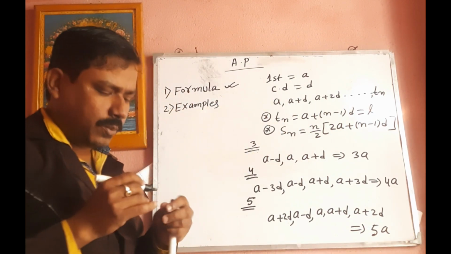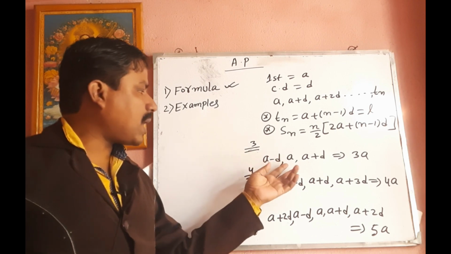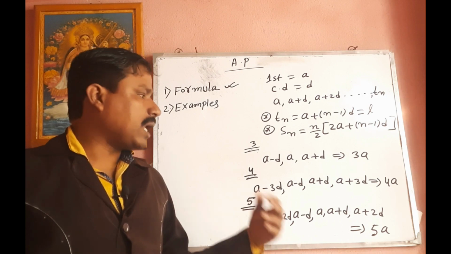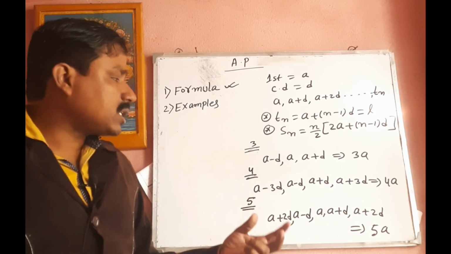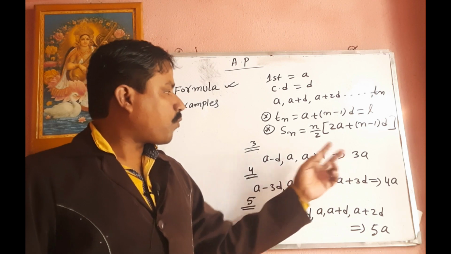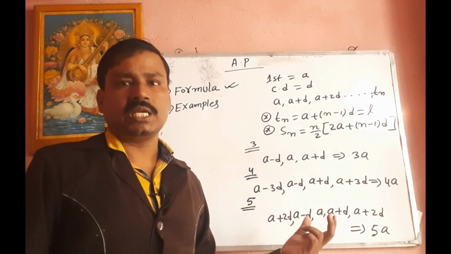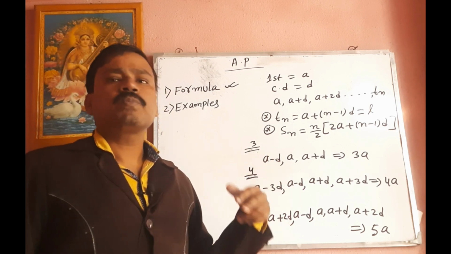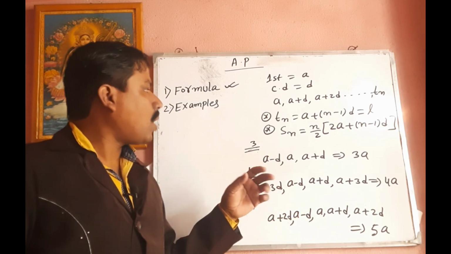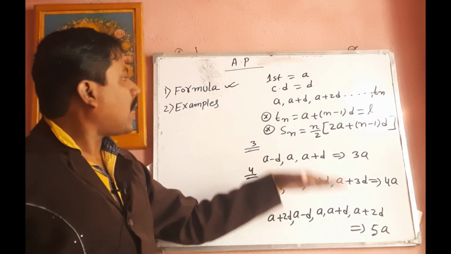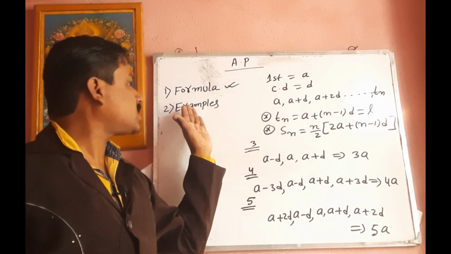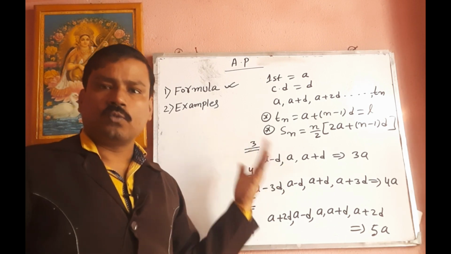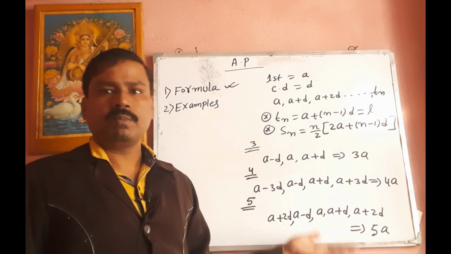That is, if we take 3 numbers in that way, 4 numbers in that way, 5 numbers in that way, then we get the additional advantage of finding the value of a and d. And this is the primary formula for arithmetic progressions. Now after this we are discussing some examples of this chapter which are important for the board exam as well as the competitive exam.